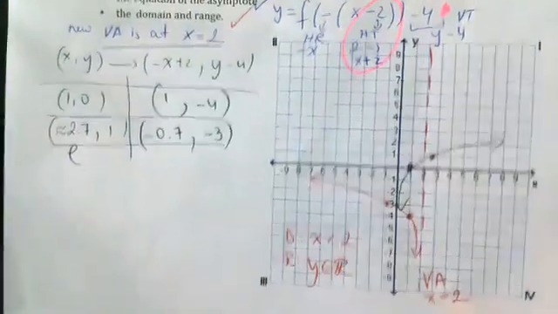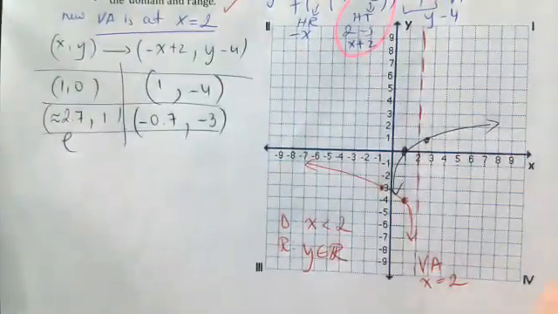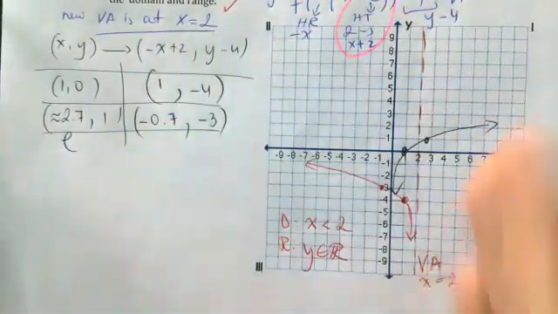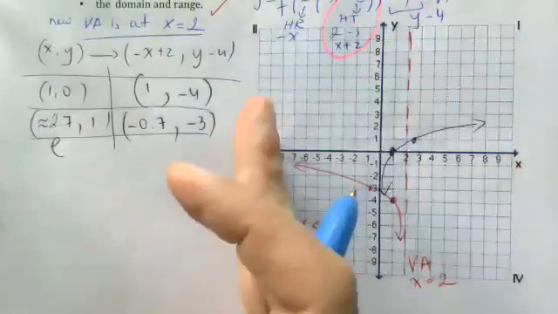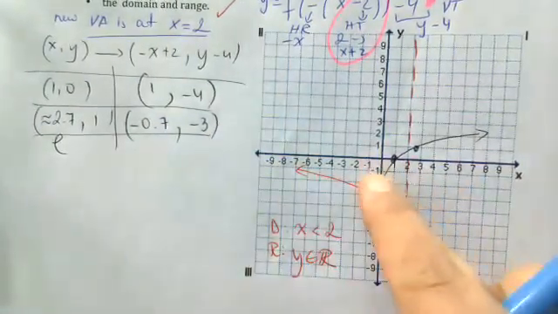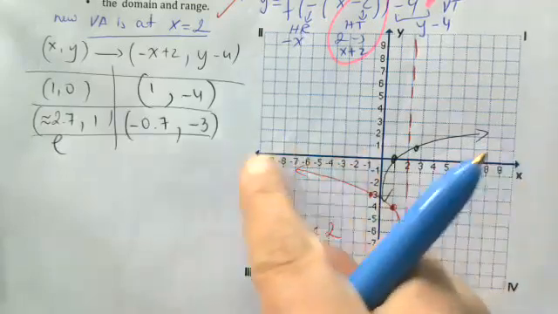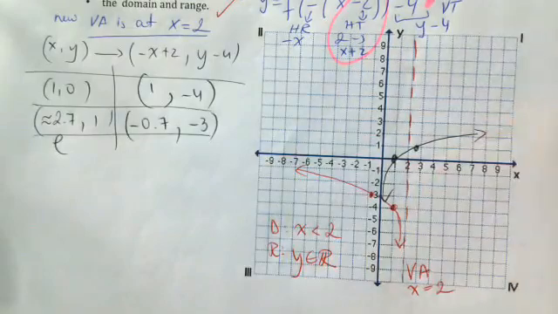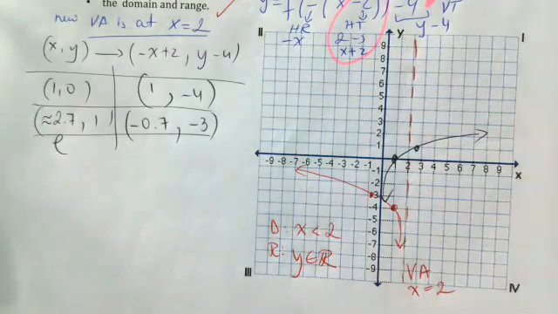So then, how is it less than 2? Because your graph is all to the left of the vertical asymptote. So all your x values are less than that number. So for every single point on this graph, my choices of x are always these numbers. They're less than 2. Okay? If it would be bigger than 2, then your graph will be over here on the right-hand side.